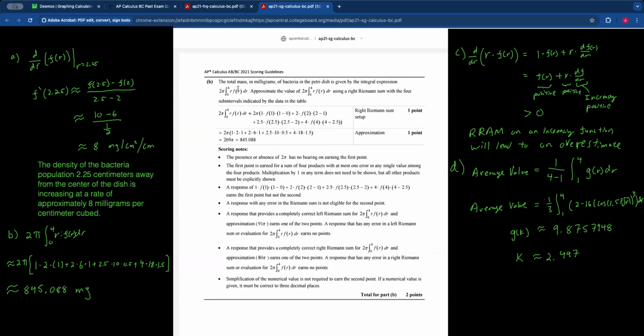Over here, the total mass in milligrams of bacteria in the Petri dish is given by the integral expression here. So use a right Riemann sum with 4 subintervals indicated by the data. In this case, oof, okay. So 1, 2, 3 components, 1, 2, 3 components, and so on.